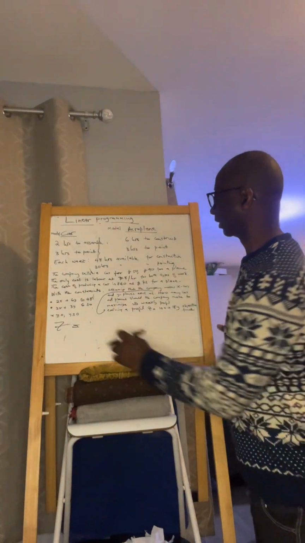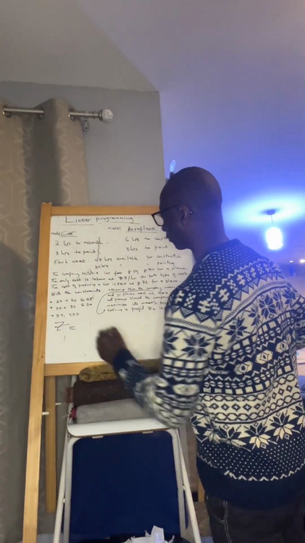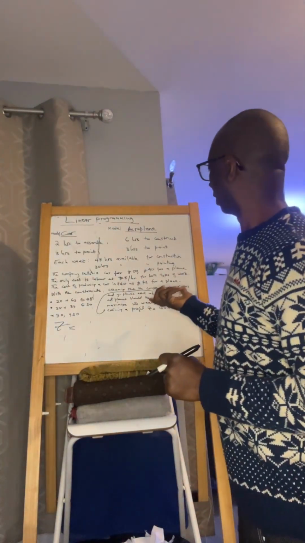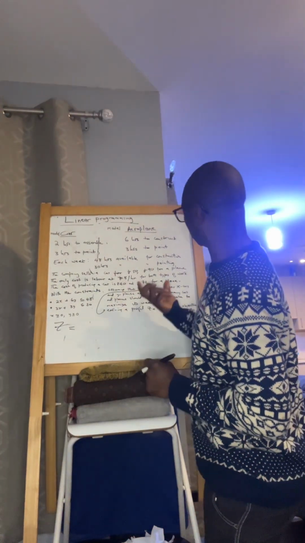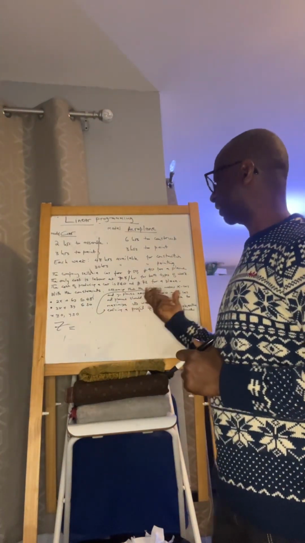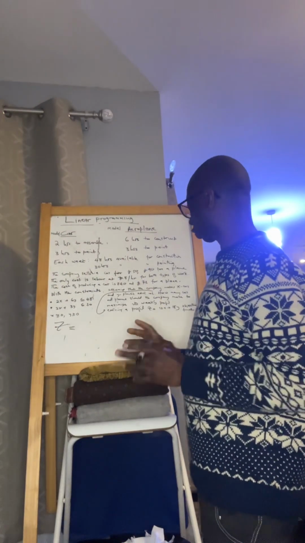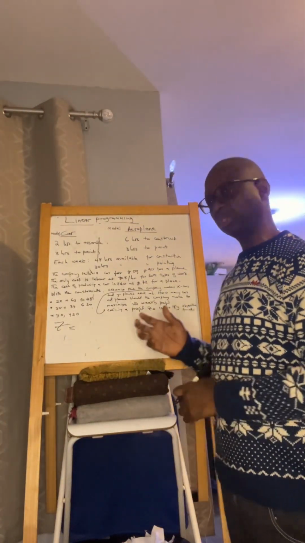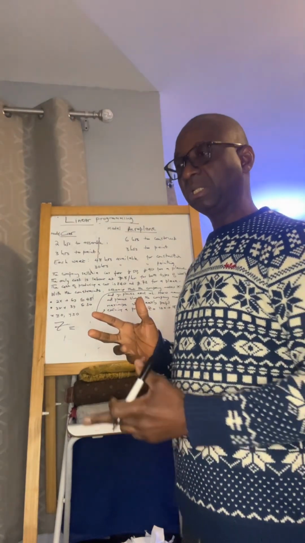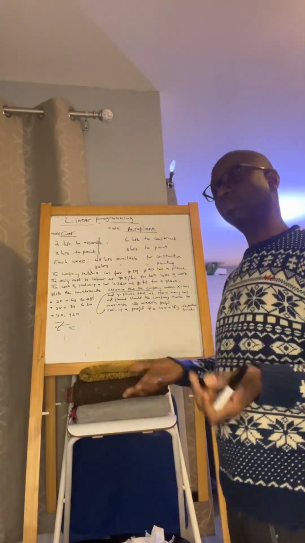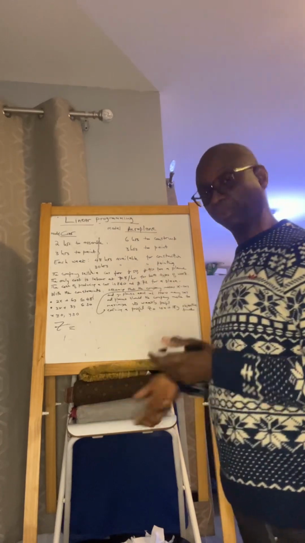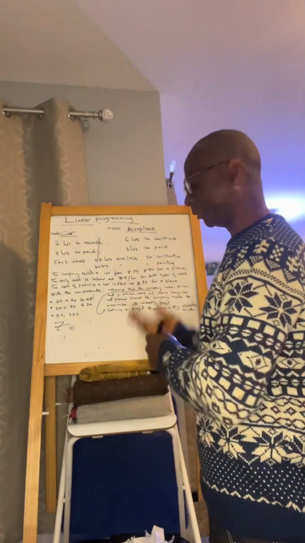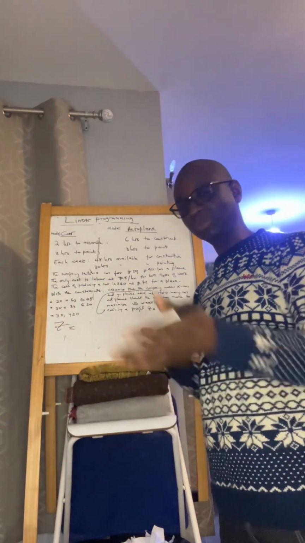So now, this Z, from this information here we have, this is where we are going to construct our objective function. The objective function is what we manipulate to make the profits, to make more profit. The whole essence of linear programming, I said there is something going wrong, you want to correct it.